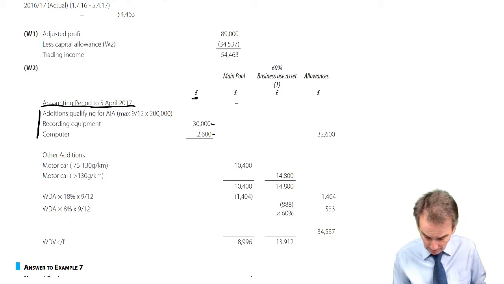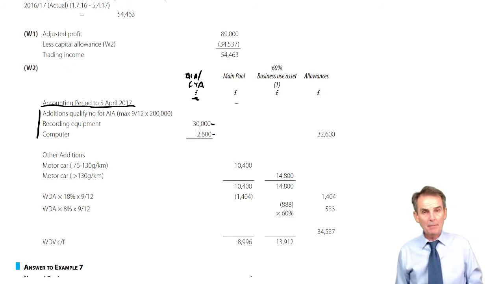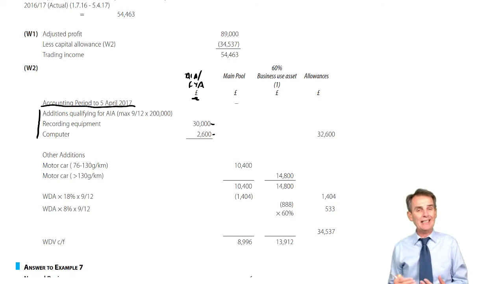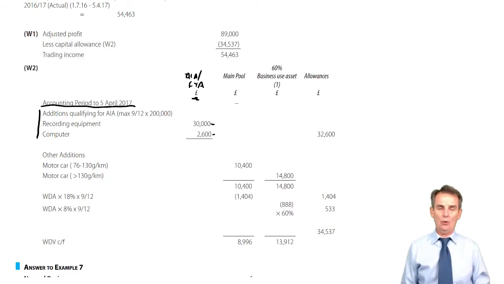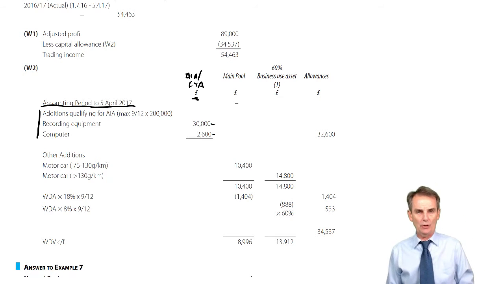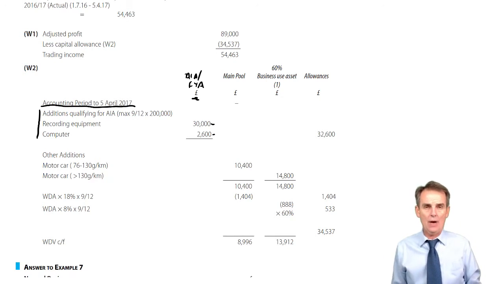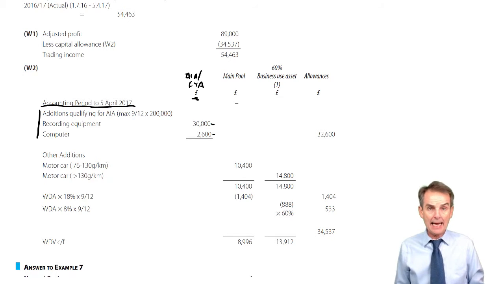Again, you can just put the pound sign in as we've done there, or put AIA, or if it was relevant, remember, AIA stroke FYA, because it's in that little working column that you list out any assets that you acquired, any plant and machinery purchased during the period, that here will attract the availability of AIA, and were it relevant, of course, later on, any of the low emission cars that would attract first year allowance.